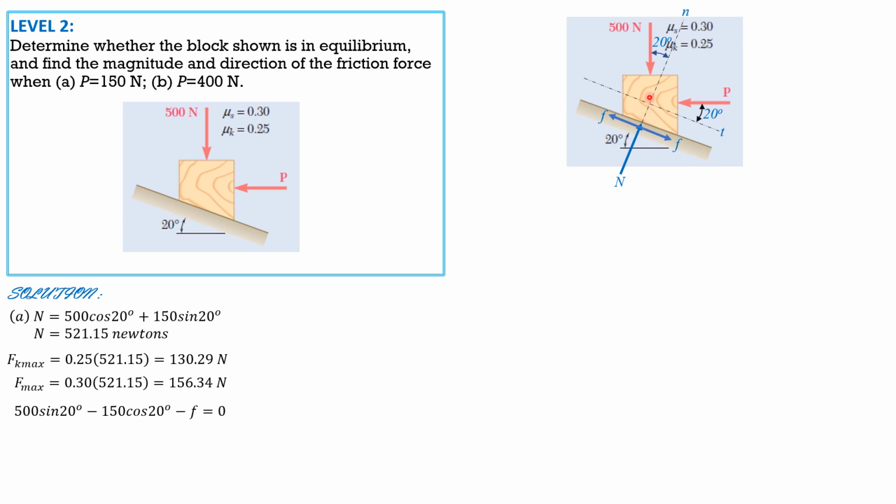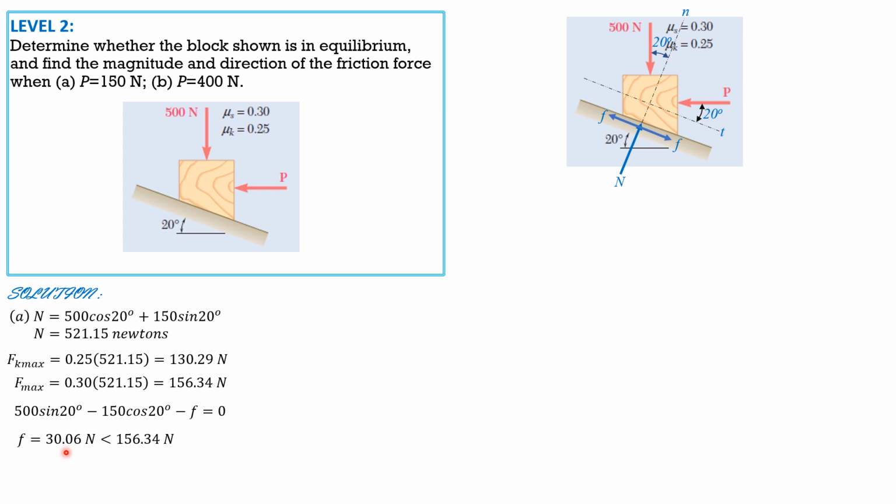So the block in my assumption in this equation tends to move down. So minus F equals 0. So F is equal to 30.06 newtons, since this is less than F max, which is 156.34 newtons.